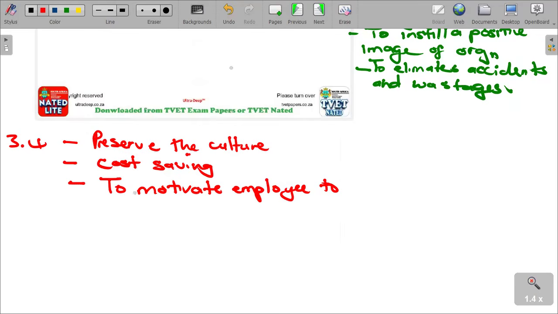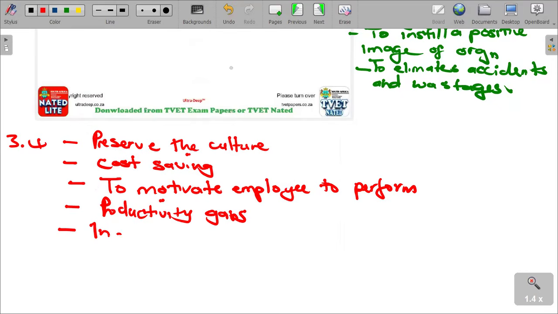And also, management might recruit internally because they want to increase productivity, and also to increase employees' morale, increased motivation.